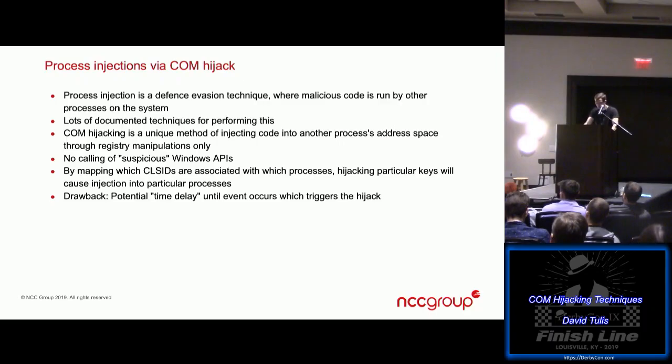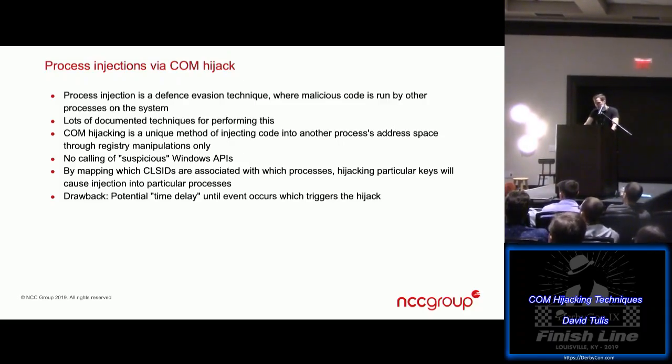So through registry modifications only, I've demonstrated that we have the ability to have our code loaded into other processes. Just by knowing which processes call which class IDs, we can hijack a COM object, have our object injected into a more favorable process, and avoid using these suspicious API calls altogether.